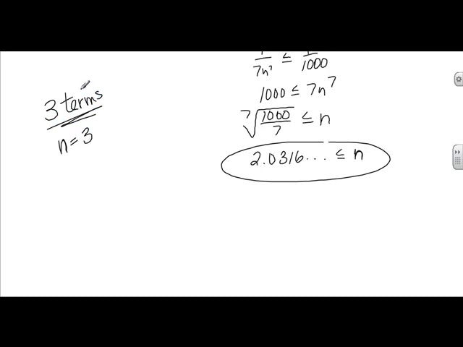Alright, now let's find an upper bound and a lower bound for the sum, the actual sum S for this series. The lower bound is the nth partial sum plus the integral from n plus 1 to infinity of our function f of x.